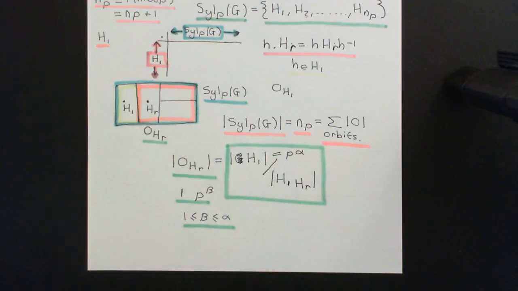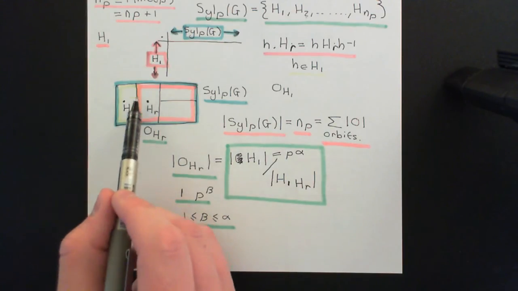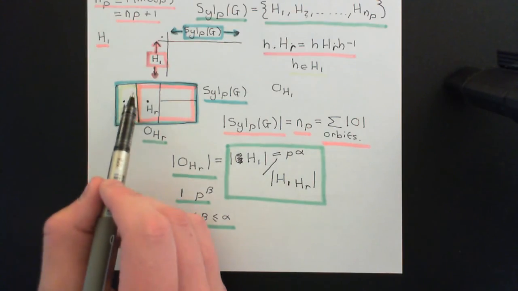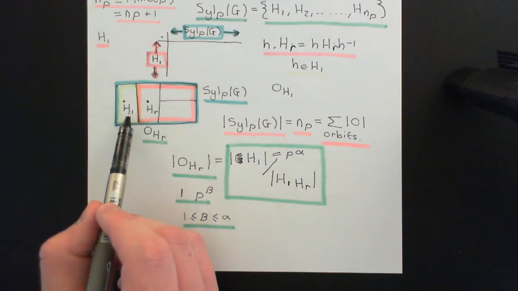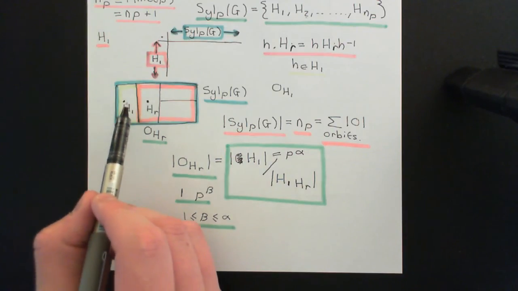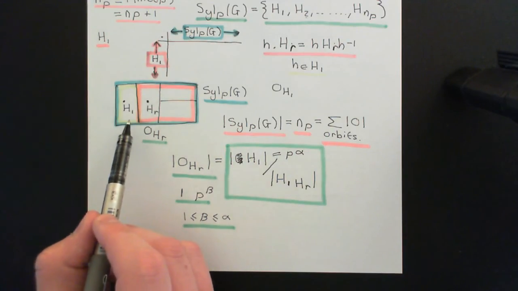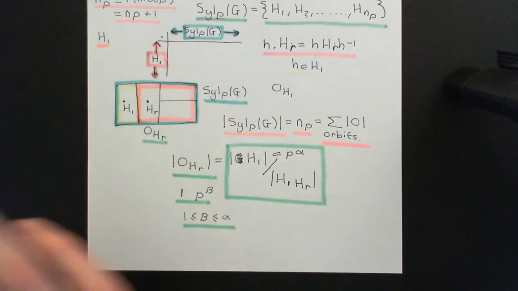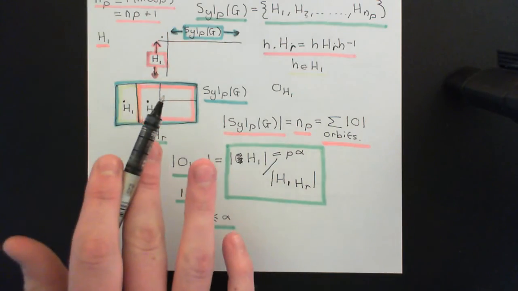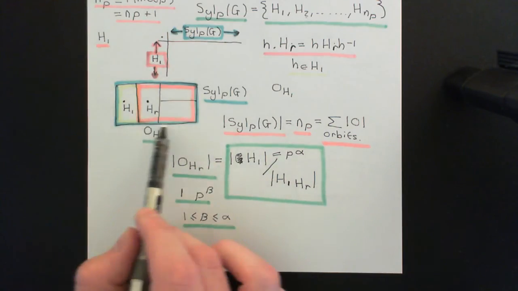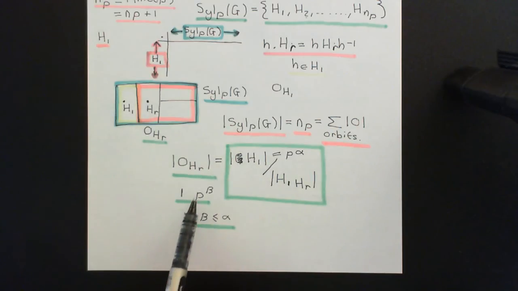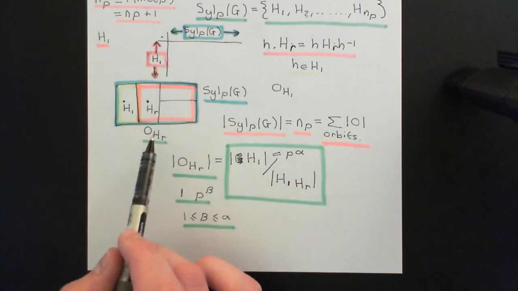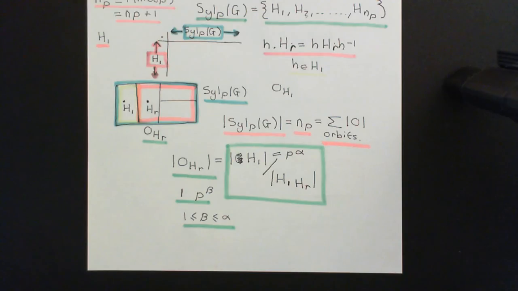Now, if I could prove that this orbit, the orbit containing capital H1, was the only orbit that contains one element, and all of the other orbits can't contain just one element, then all of the other orbits would have to have an order that was a power of p, and if they're a power of p, then they certainly are a multiple of p.